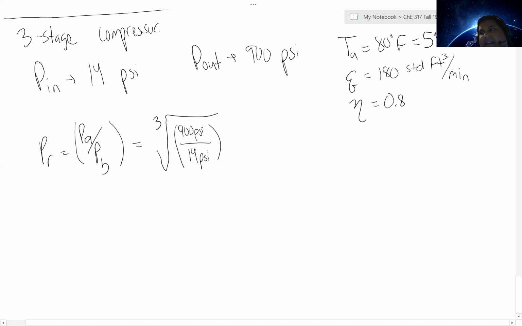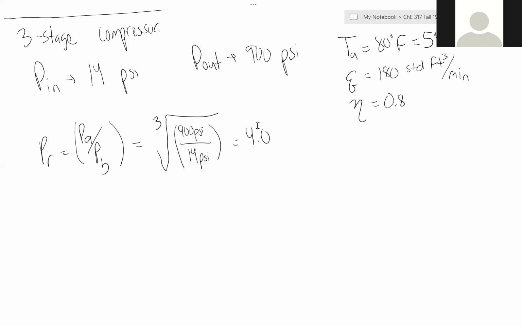So if we take the cube root of 900 divided by 14, we should get a pressure ratio of approximately 4. That's supposed to be P_B over P_A. Yes, thank you.